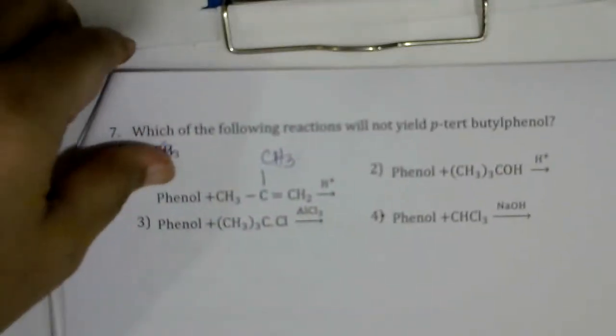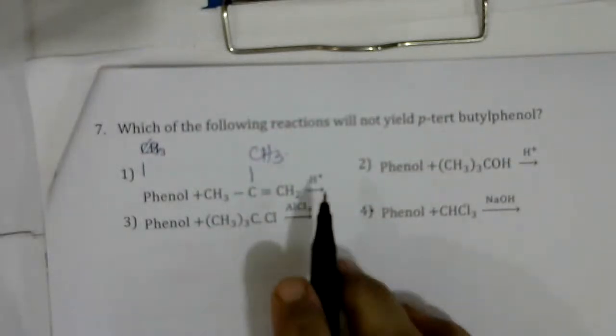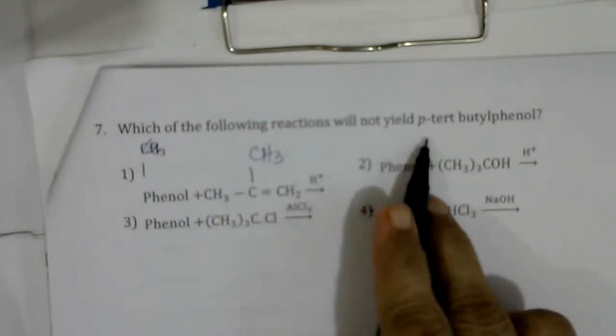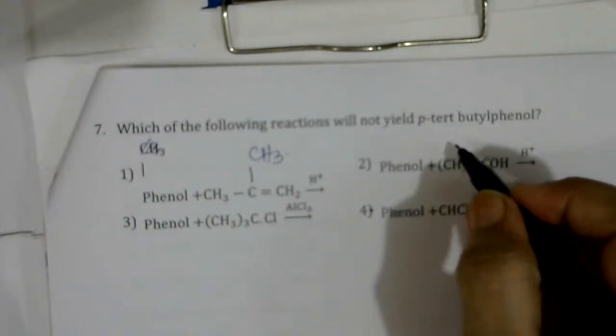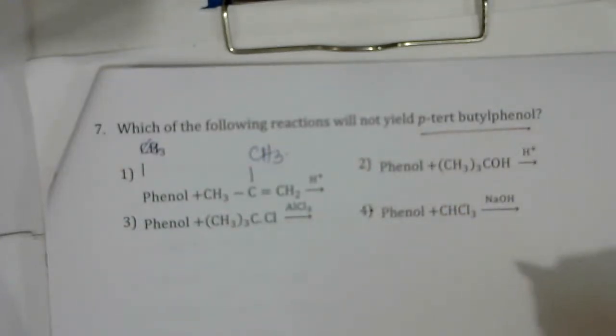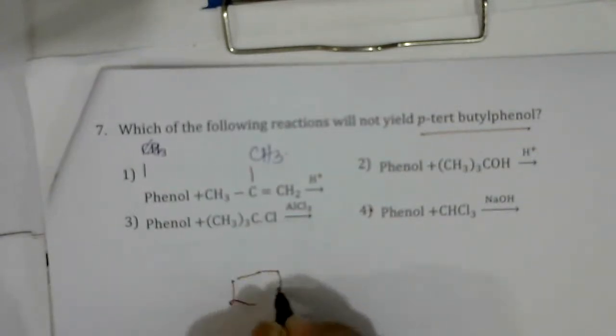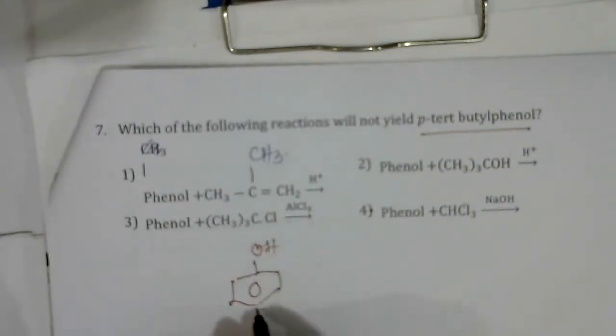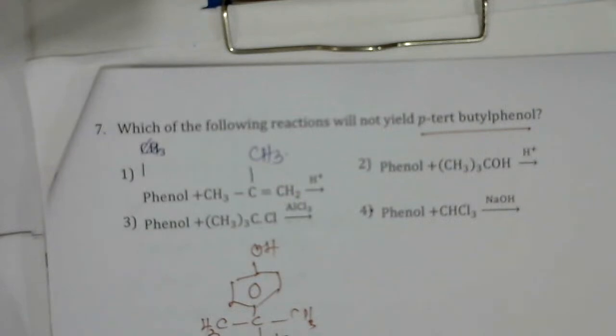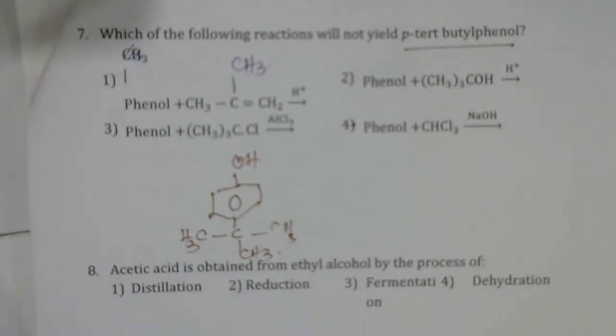Next question. Which of the following reactions will not yield para-tertiary butyl phenol? Para-tertiary butyl phenol, so how should it be? Like this. This is phenol. It should have the tertiary butyl at the para position.